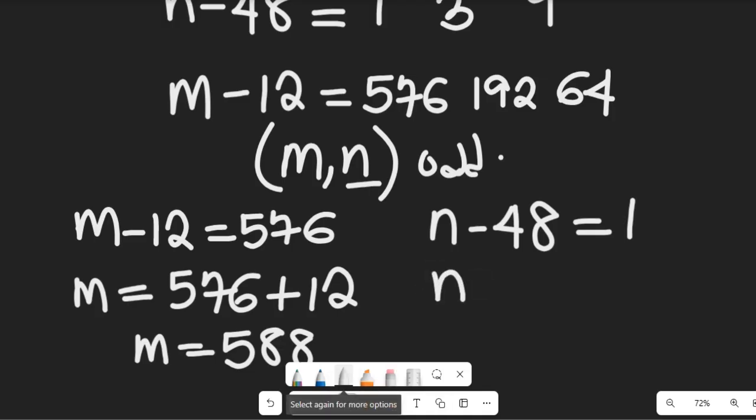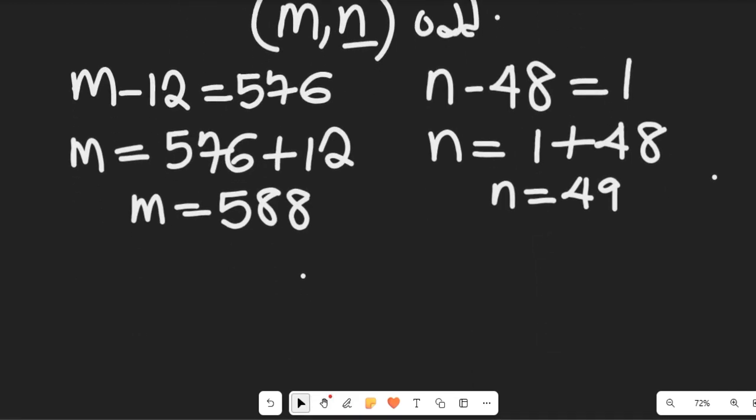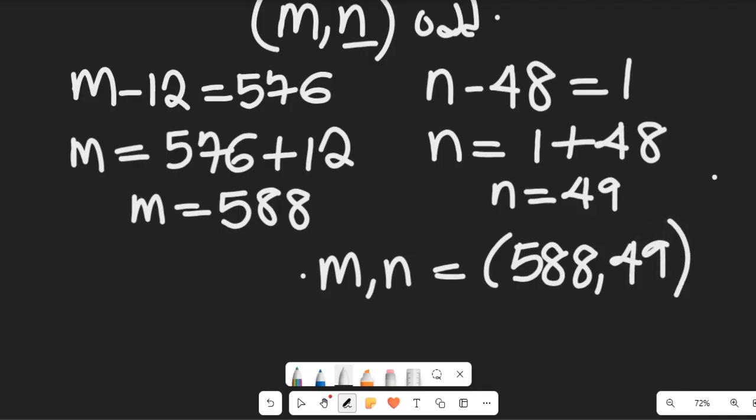Then from this first pair, you can see that m, n is equal to 588, 49, with n being odd number.